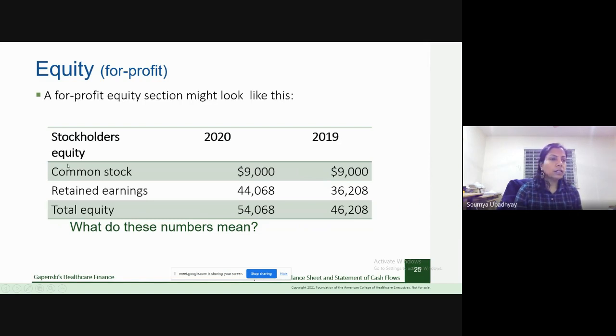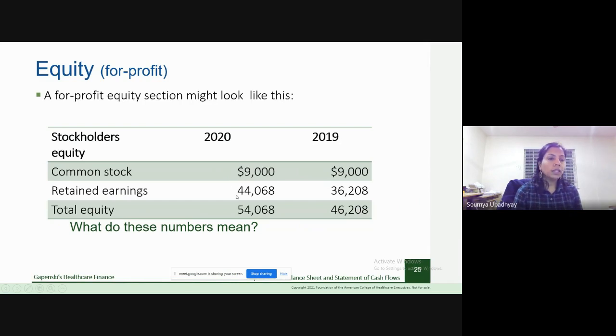Stockholders' equity represents the stockholders' stake in the business. So $9,000 was collected by selling common stock to stockholders. This investor-owned hospital sold $9,000 of common stock to their investors, and that's how they generated the equity.